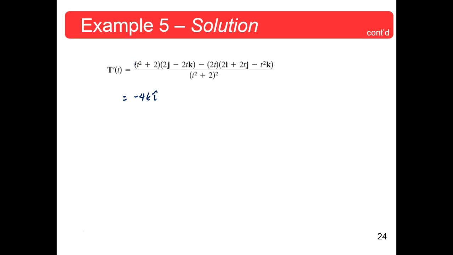Your j component is a t squared plus 2 times 2, so it's 2t squared plus 4. Minus 4t squared. So it's a minus 4t squared j.